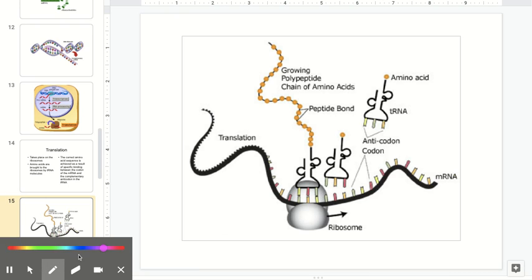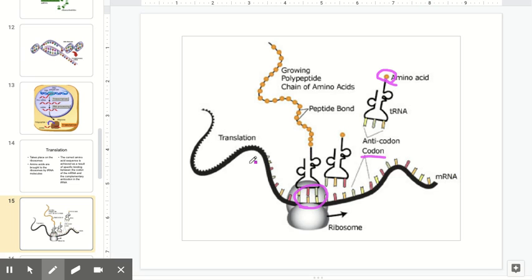So let me just highlight and show you right here. This is very important. So this little group of 3, 1, 2, 3 on the mRNA, that is called a codon. And that codon indicates the amino acid that the tRNA brings.